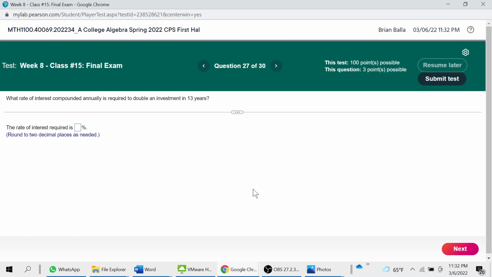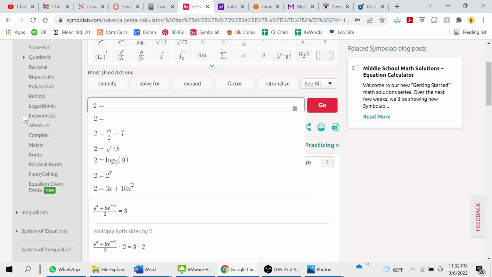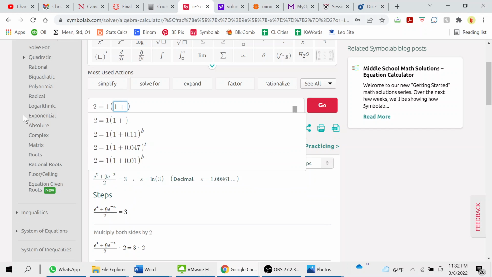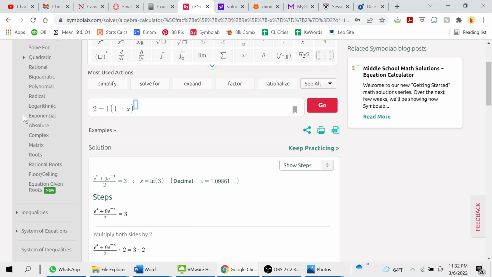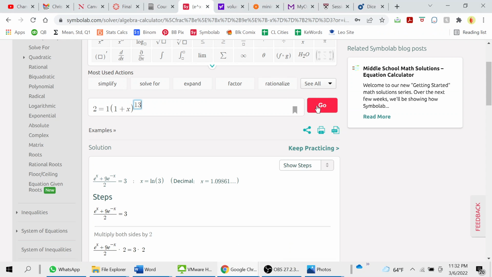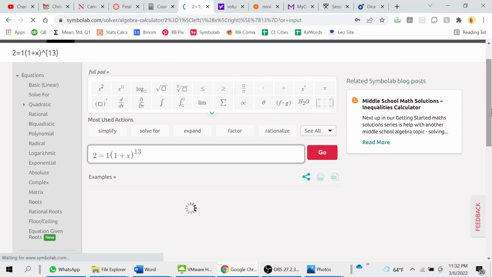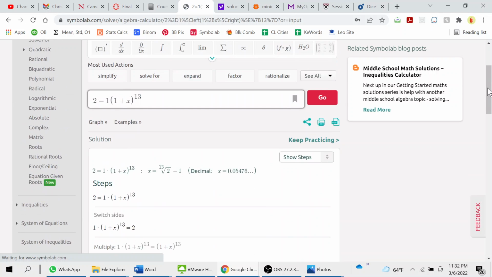What rate of interest compounded annually is required to double investment in 13 years? Okay. 2 equals 1 plus r, or in this case we'll call it x. How many years? 13 years, right? Let's double check to make sure that's correct. Good, 13 years. Okay. 0.055.